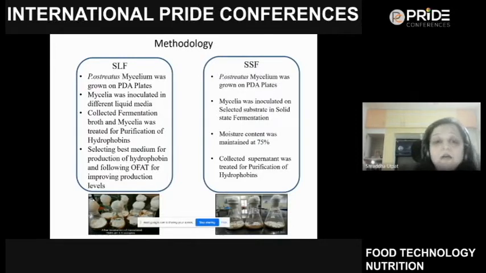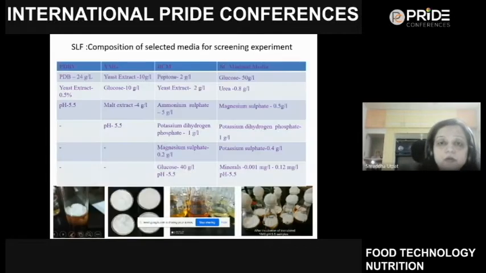And then we carried out the one factor at a time method to improve the production level and to select the best medium. In case of SSF, we grew the mycelia and inoculated it on the selected substrate, and moisture content was maintained at 75%, and the supernatant was collected by treating the substrate grown with the mycelia, and then we purified the hydrophobins from it.